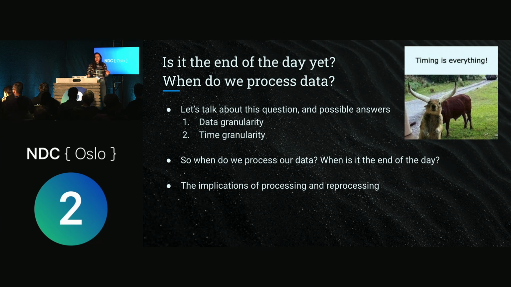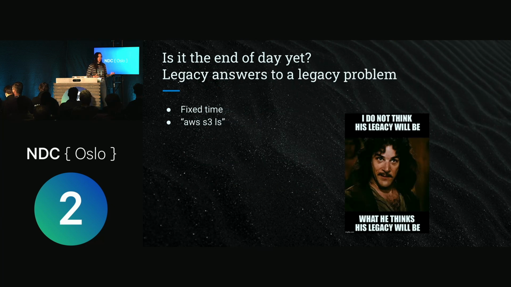So we tried solving this problem at first with some legacy solutions. We said, okay, we use Airflow as our scheduler. When's yesterday over? Let's trigger our job then. So when would yesterday be over for sure? Let's say 11 a.m. 11 a.m. sounds really good.